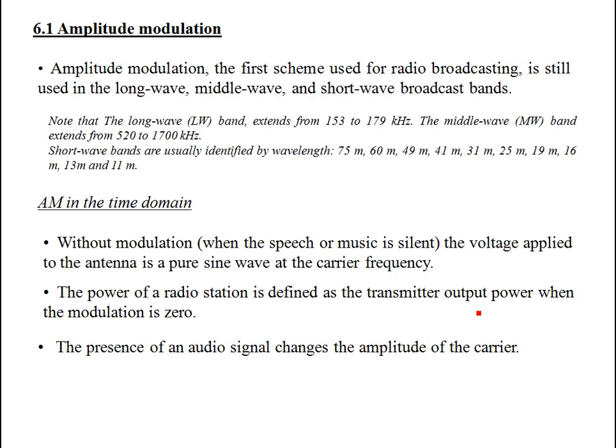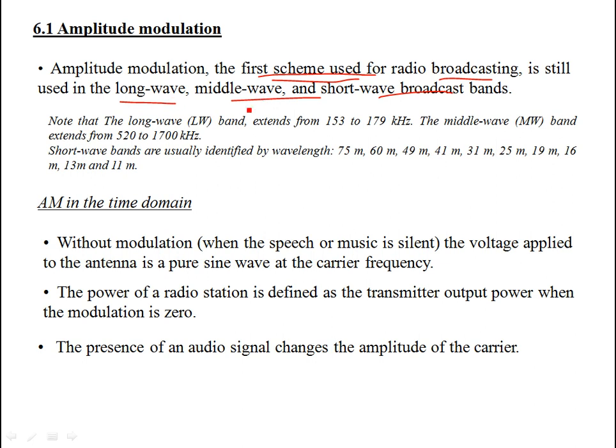Okay. Now let's have a closer look at what happens in amplitude modulation in both the time domain and the frequency domain. Amplitude modulation was one of the first schemes used for radio broadcasting, and it's still being used in long wave, middle wave, and short wave radio broadcast.